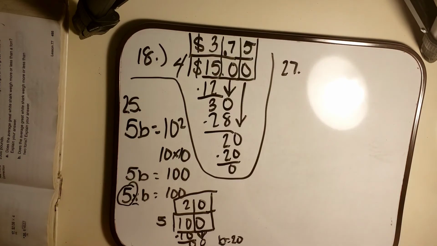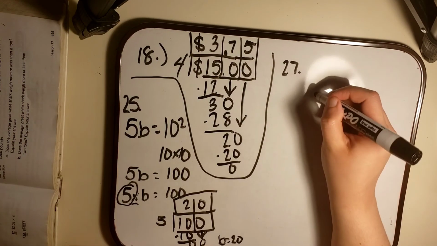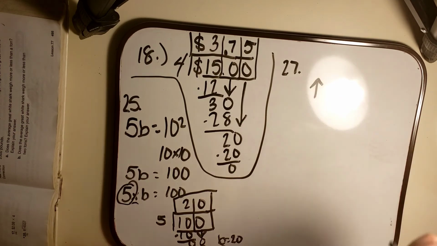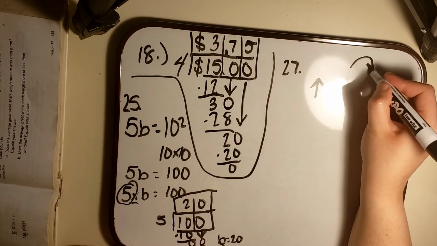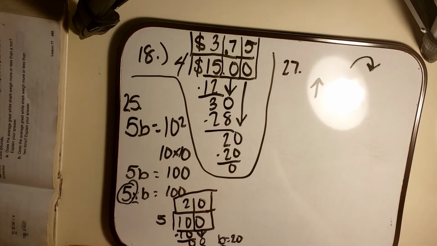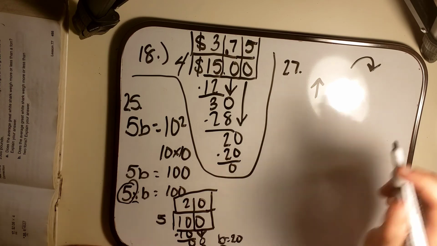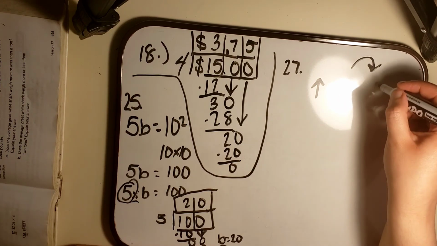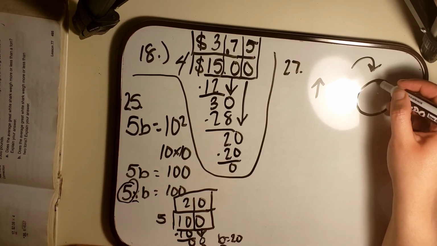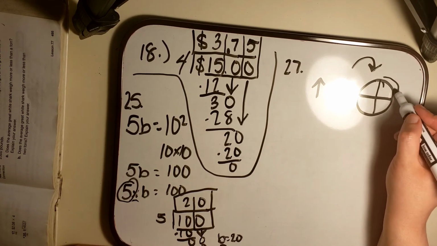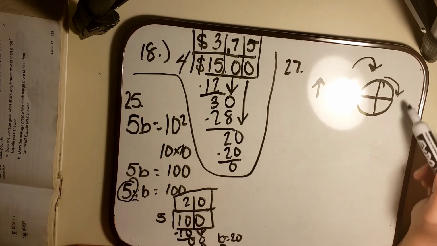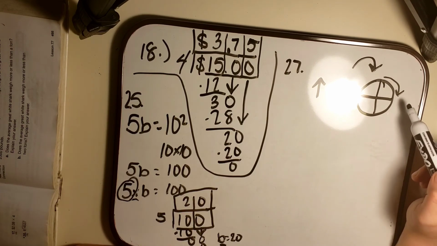But here we go. Let's assume that Mona is facing this way. It says she turns clockwise, and clocks go this way. Remember, if it's a quarter, it's a 1/4. So I'm going to draw a circle here and divide it into quarters. She did a 1/4 turn clockwise.